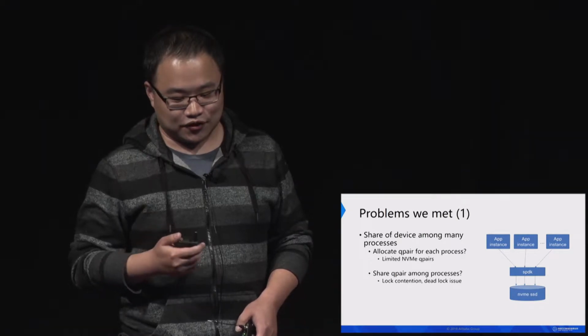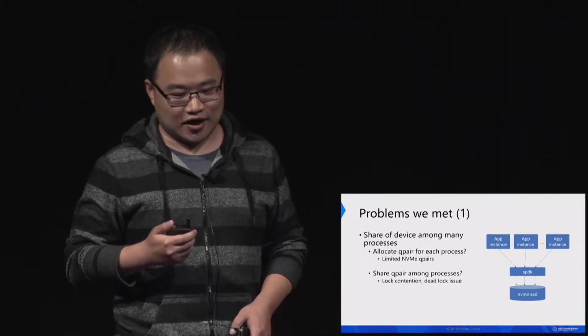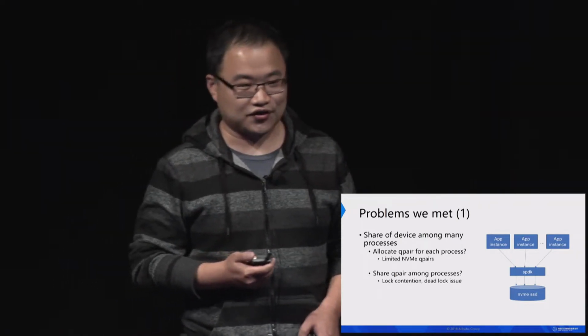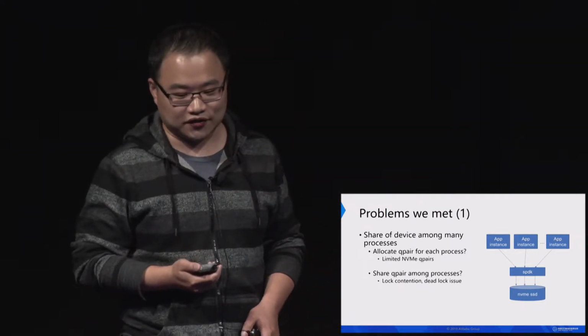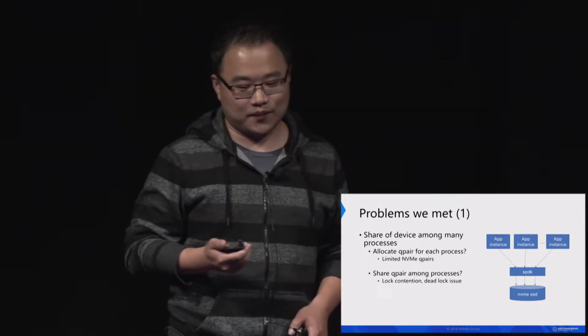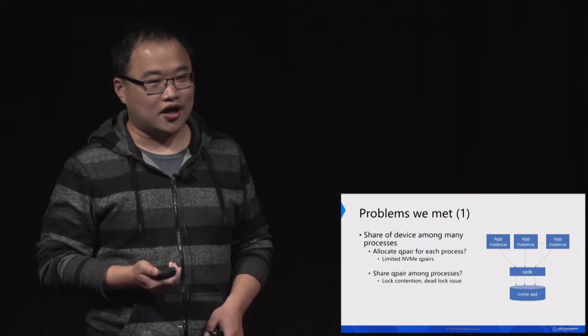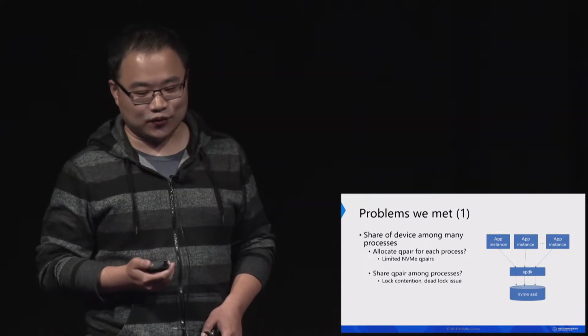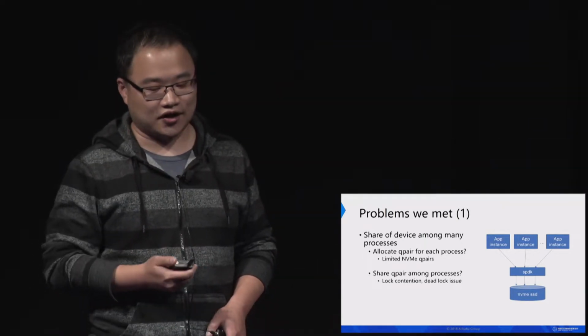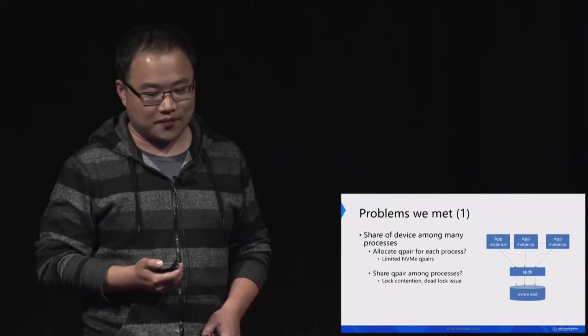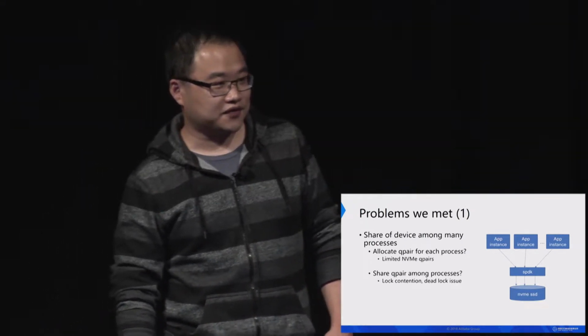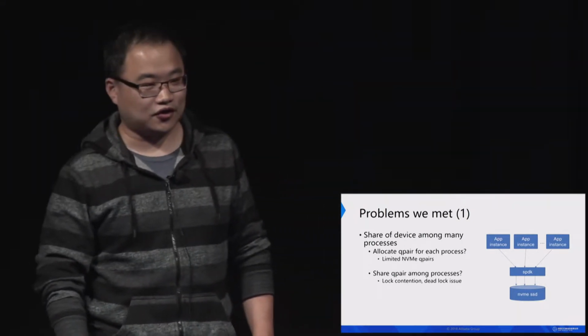And if we want these applications to be able to share the same device, one possible way is to share the NVMe queue pair between applications. But this gives another problem, which is lock contention.